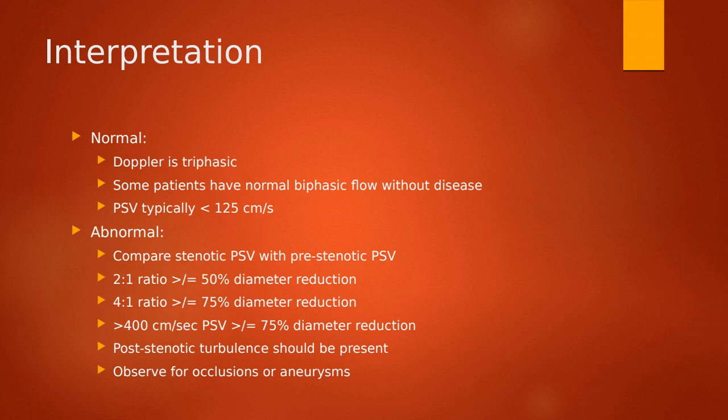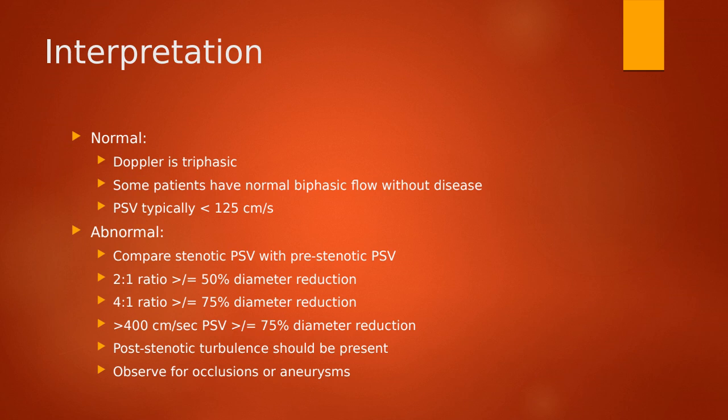We should be seeing post-stenotic turbulence with pretty much anything in that 50 to 75 to 90 to 99% diameter reduction stenosis. I say 99% because if something is occluded, then that means there's no blood flow getting through it. So that means that's it. There's nothing.